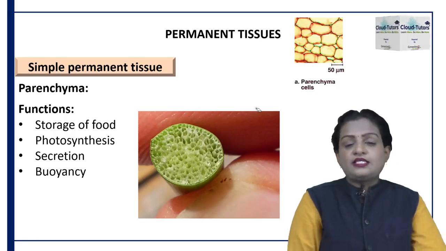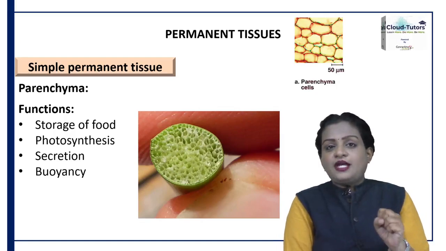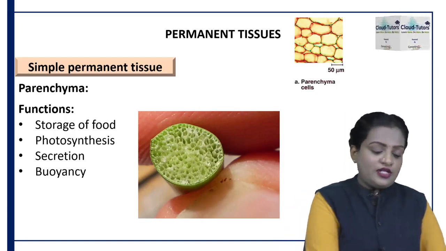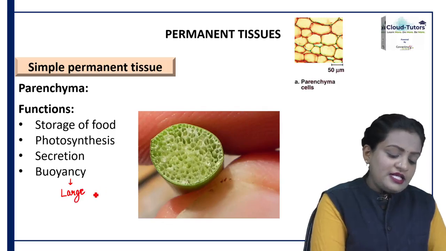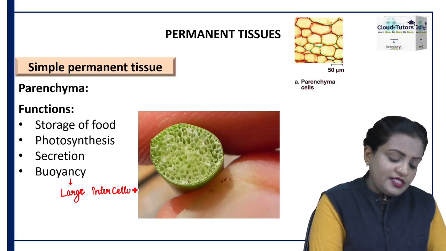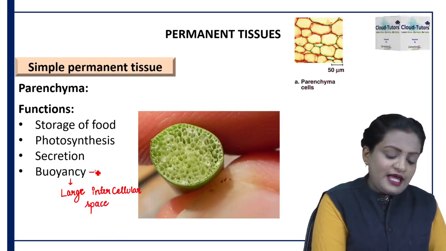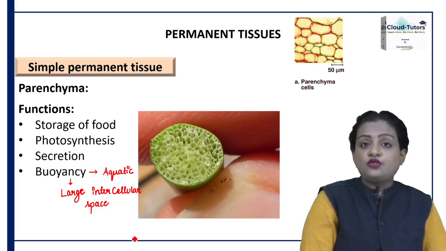So in some cases, parenchyma can be arranged very loosely and leaving large intercellular space. So buoyancy is seen when there is large intercellular space. This can be seen in only aquatic plants like lotus.